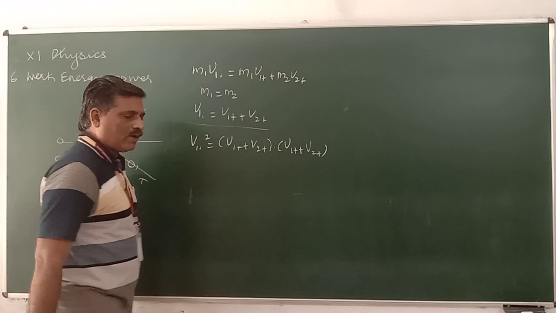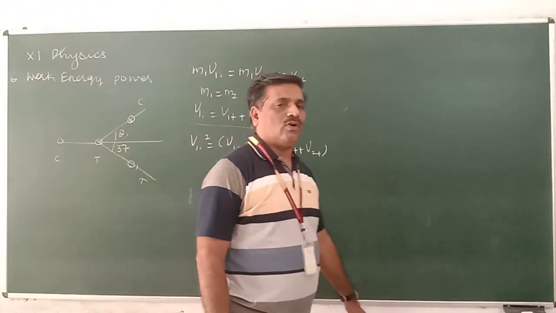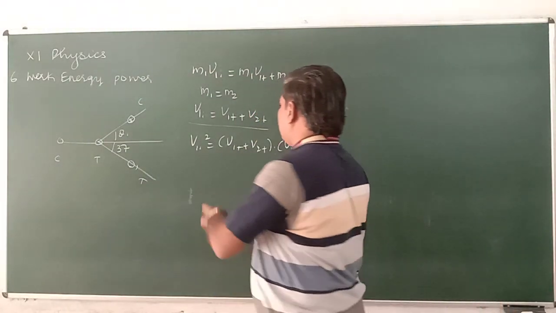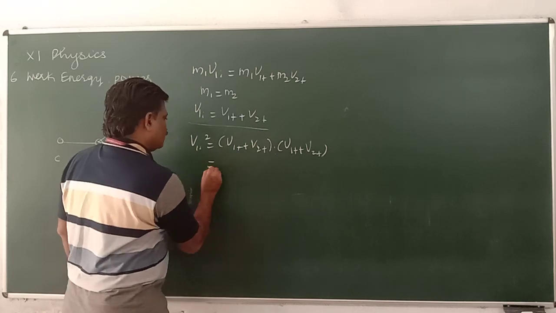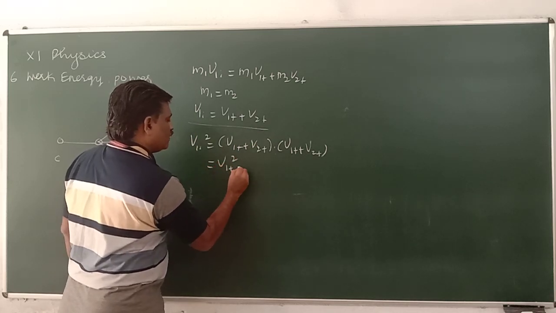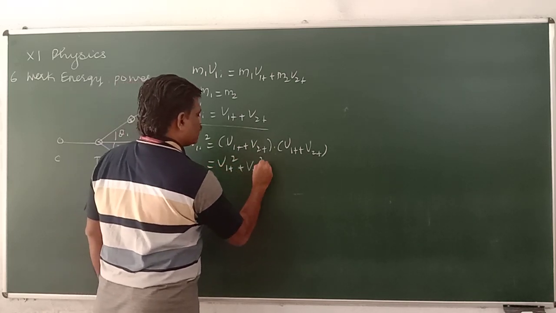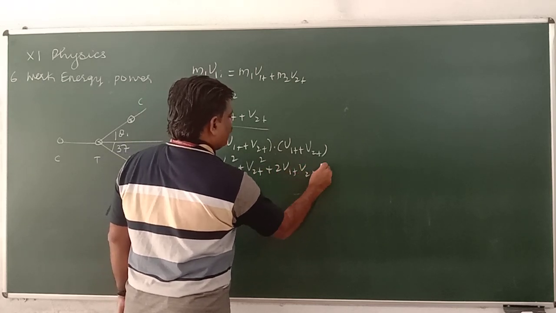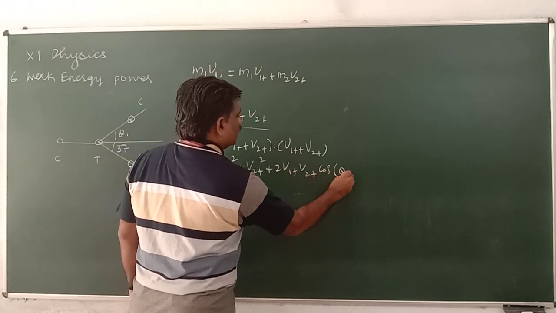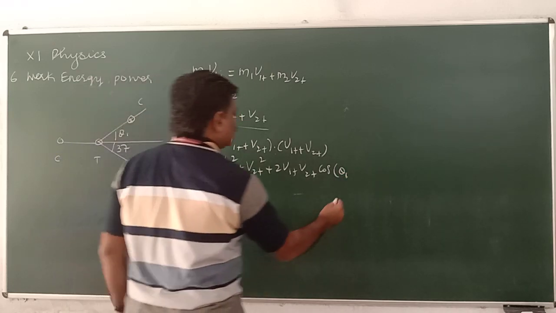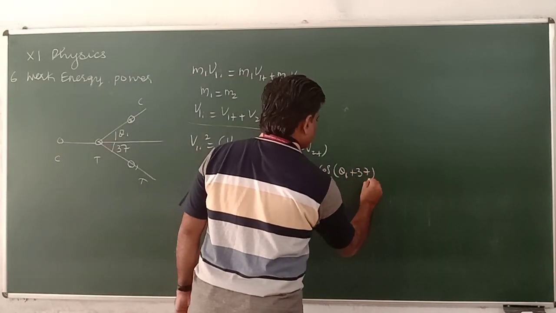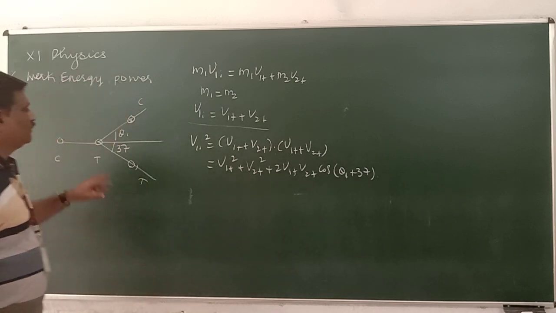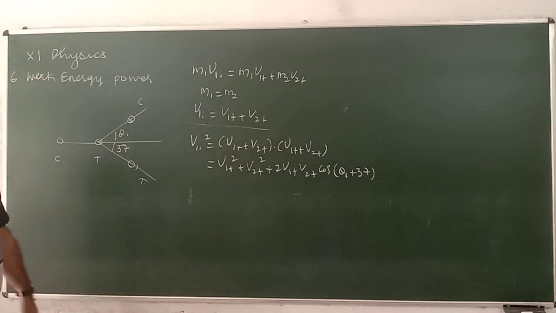When we take the square of a vector, we take the dot product. Then it is v1f squared plus v2f squared plus 2 v1f v2f cos of theta 1 plus 37. This one is theta 1 plus 37.